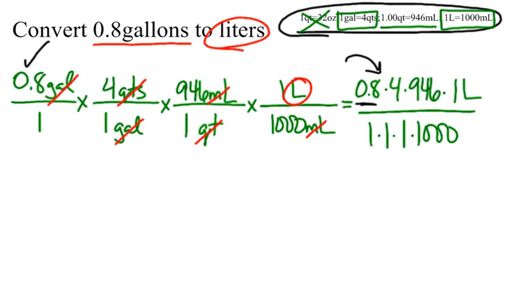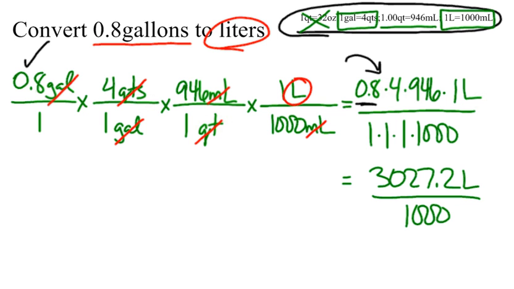If I do that multiplication in my calculator, I end up with 3027.2 liters over 1,000. Now, like I said, we have to apply the sig fig rules, so it's not really going to be 3,027.2 liters. It's going to only have 1 sig fig since I only have 1 sig fig in my beginning number.